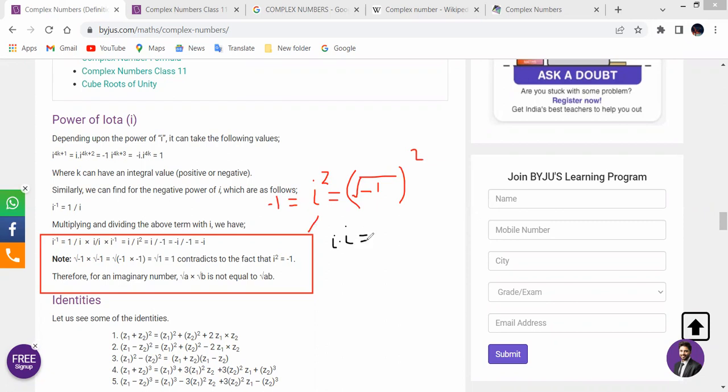So this will be equal to square root of -1, similarly square root of -1. So this will become like this expression.